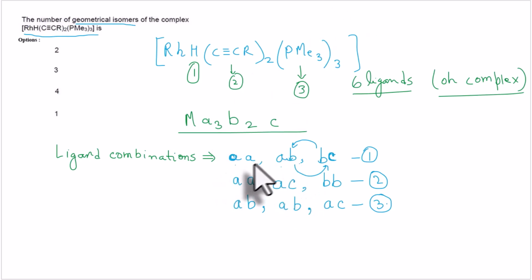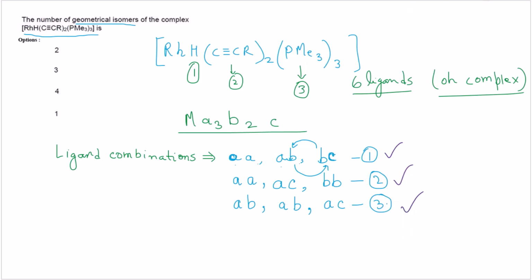If you try again with other combinations like AC, AB, BB, BC, AB, whatever you try, you will get repetitive combinations from these 3 ligand combinations. So basically we have only 3 types of combinations possible for MA3B2C. So the total number of geometrical isomers will be 3.